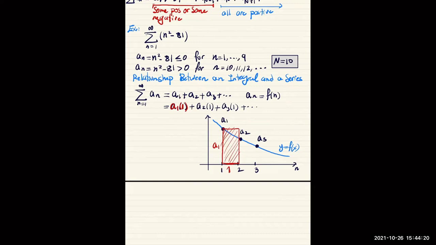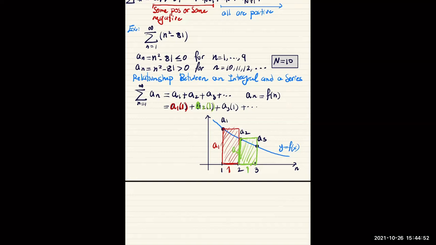I can draw a second rectangle right there that has a length A2 over this interval whose length is 1. Again, that width is 1. So A2 times 1 is the area of the second rectangle.